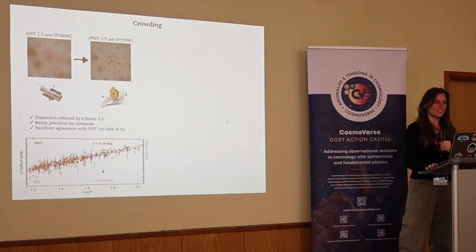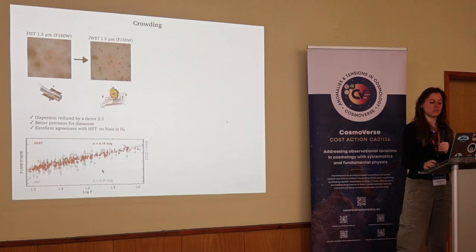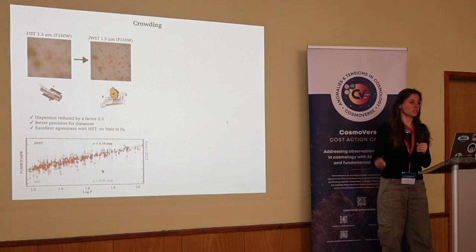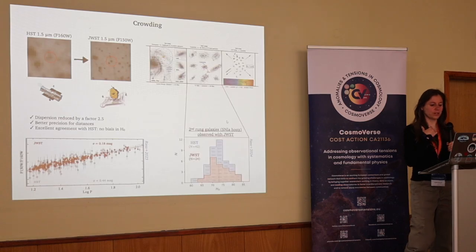So this has been a really tremendous improvement. But most importantly, the distances agree. That's what we wanted to reproduce, to measure the distances to the same galaxies with both Hubble and James Webb. And what we see is that they agree.